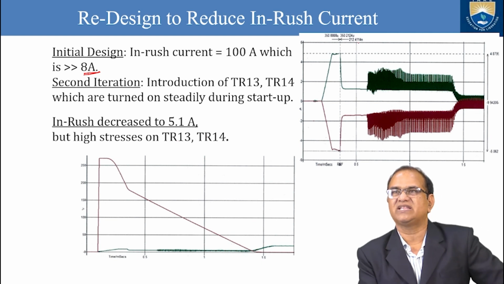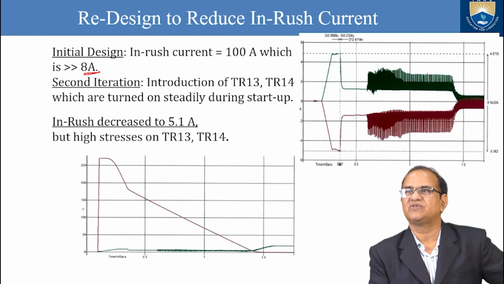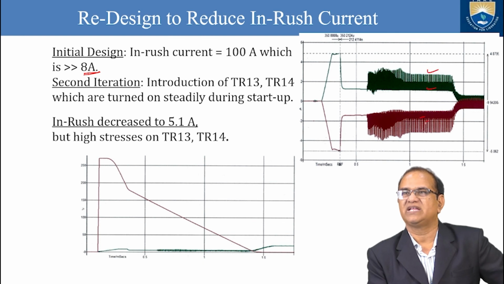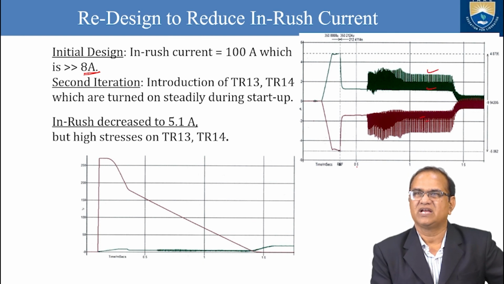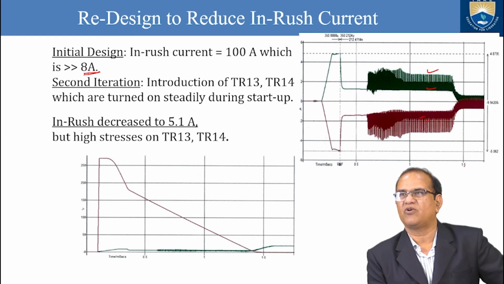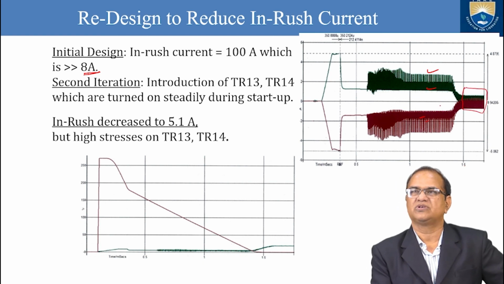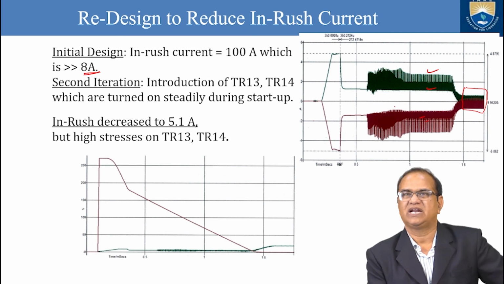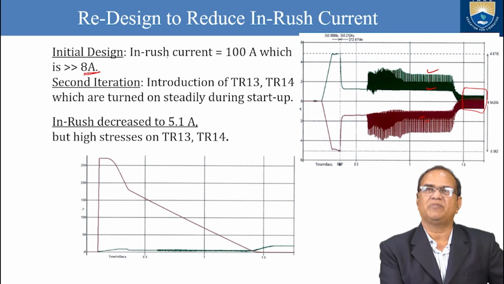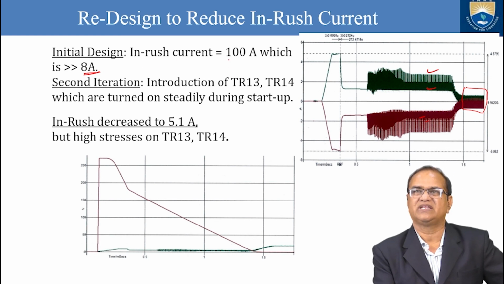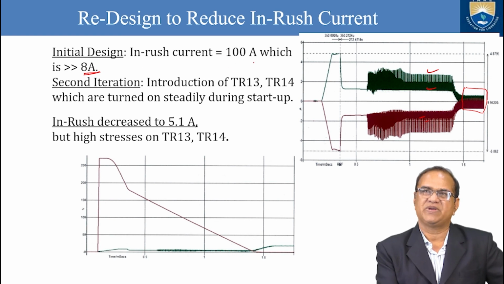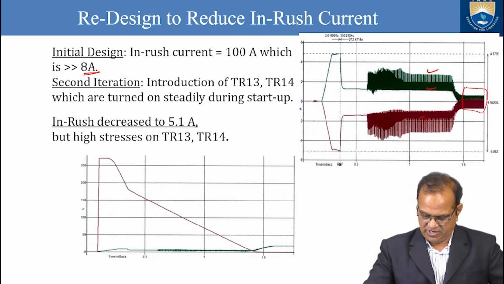You can see here how these fluctuations are happening in this diagram, 0.5, 1 and 1.5, and after that it is going smooth. It is changing in this direction, and all parameters are mentioned here, how many amperes and how much these TR13 and TR14 are working.